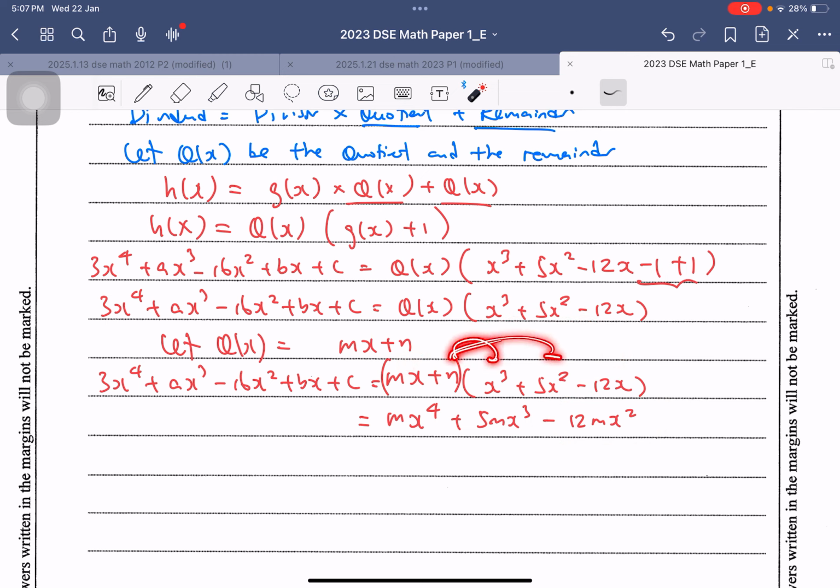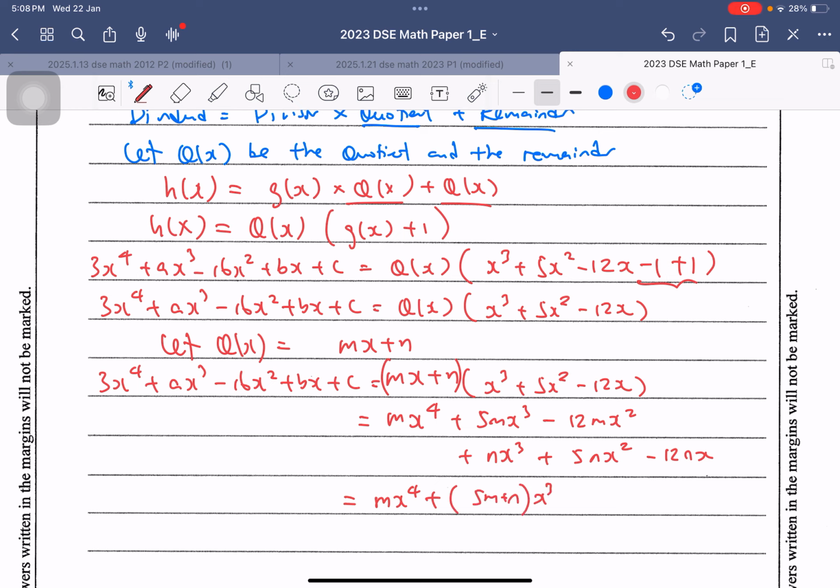Do a similar thing for the n term as well: plus nx cubed plus 5nx squared minus 12nx. Then group them together: mx to the power 4 plus (5m plus n)x cubed, and then plus (5n minus 12m)x squared minus 12nx.